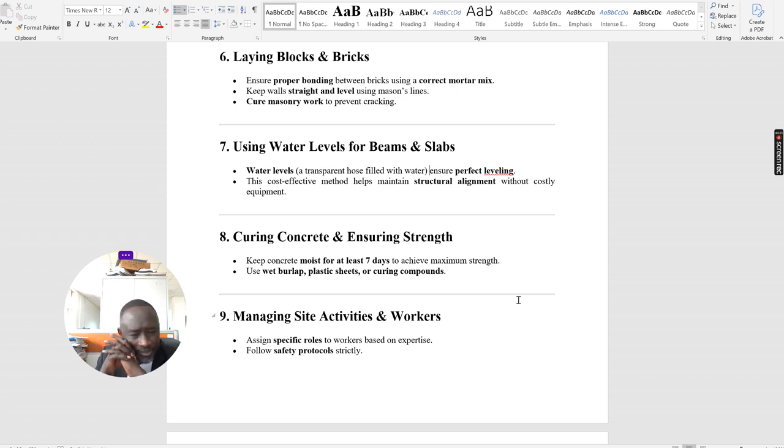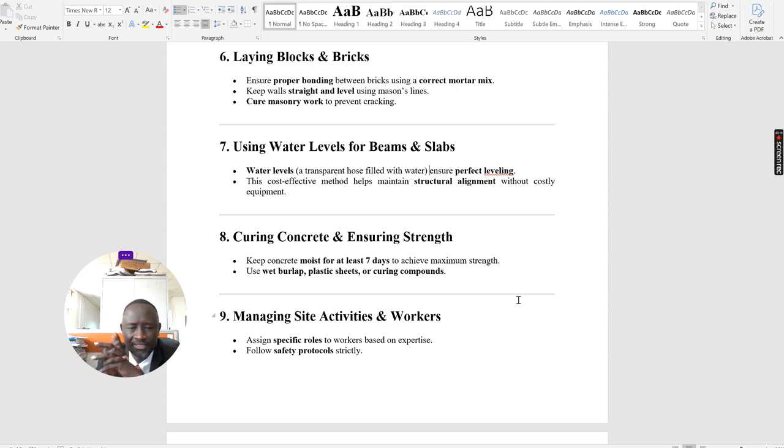I've seen people do it. So you do curing in the morning around 10, by midday, by 2, by 4, and by 6, maybe. Depending on the weather, you can control the frequency of curing. Very important. If you don't cure concrete, then definitely you're not going to achieve what is required. The design strength, you will not get it.